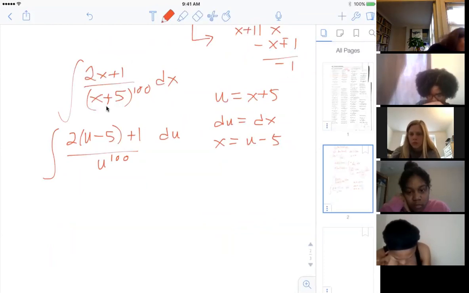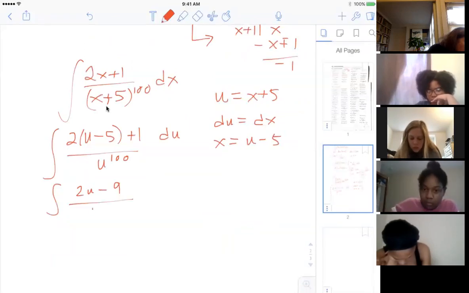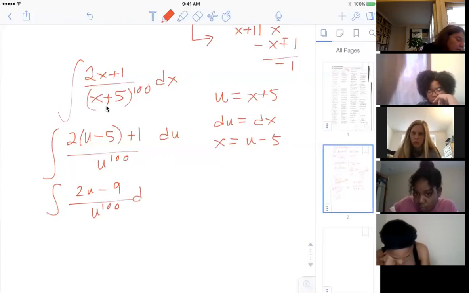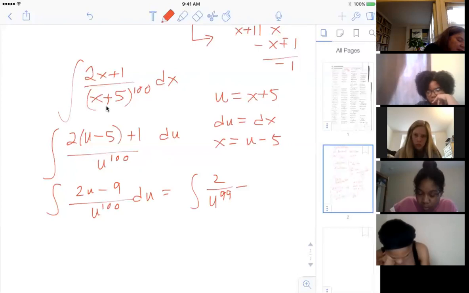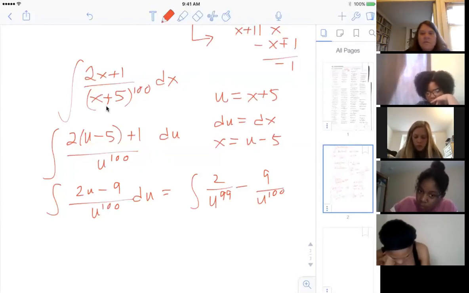And now I'm going to say 2u minus 10 plus 1, 2u minus 9 over u to the 100th. Did I do that right? Minus 10 plus 1, yeah. Now it's just a common denominator: 2u over that will be 2 over u to the 99th, an easy power rule, minus 9 over u to the 100th, that would be an easy power rule too, and you got it. Okay, so everybody see what I did?